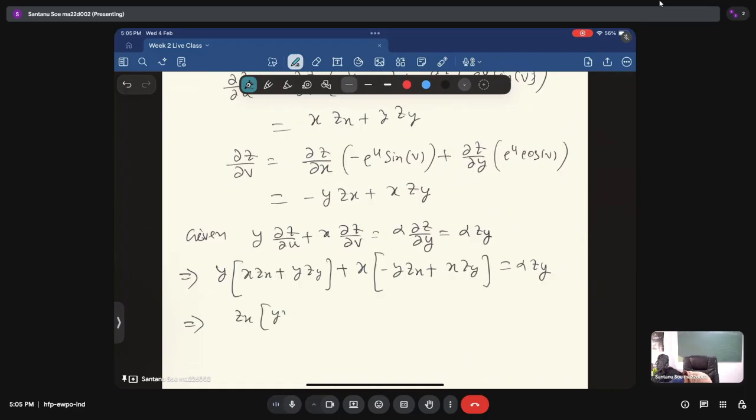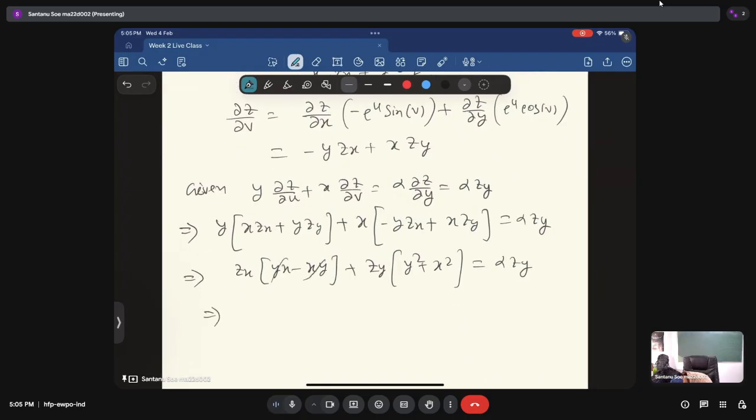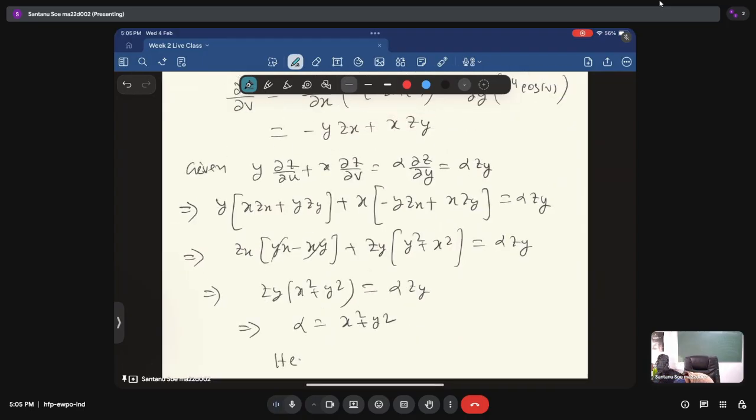So it will be y of x minus x of y for zx, which cancels out, and for zy it will be y squared plus x squared, which equals alpha zy. So zy times x squared plus y squared equals alpha zy, which implies alpha equals x squared plus y squared. So this will be our answer. Hence, alpha equals x squared plus y squared.